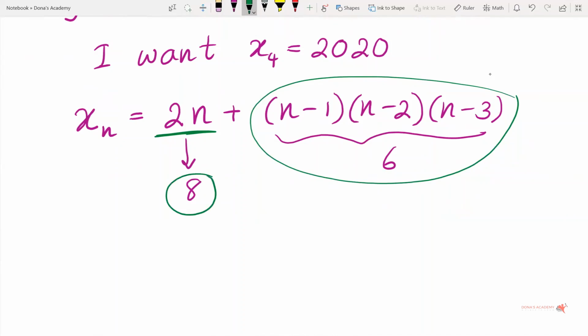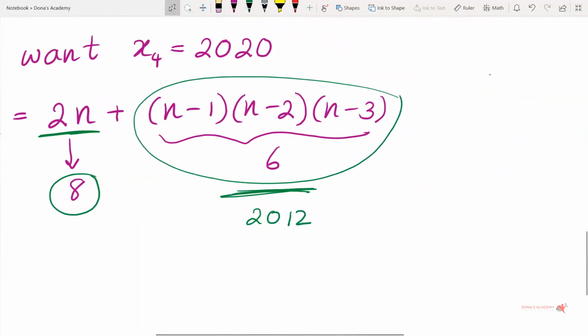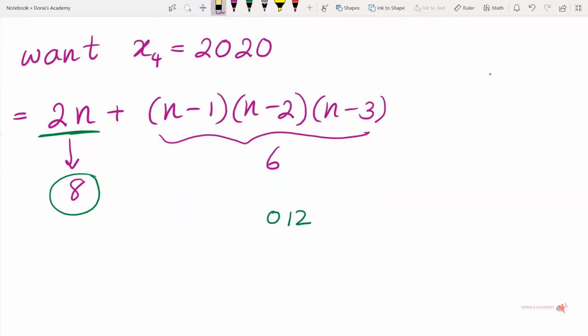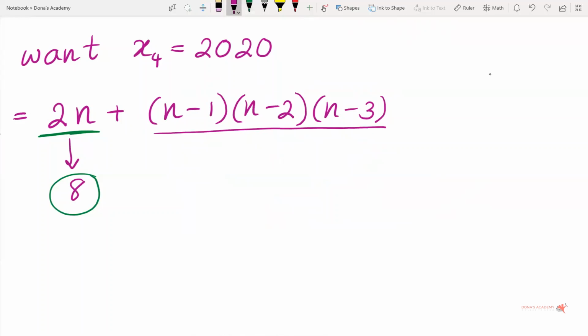I want 2012. If I add 2012 and 8, I get 2020. So if this term is giving you 2012, then I'm done. But how do I get it? What if I divide this thing by 6 and multiply it by 2012? All right, let's check.